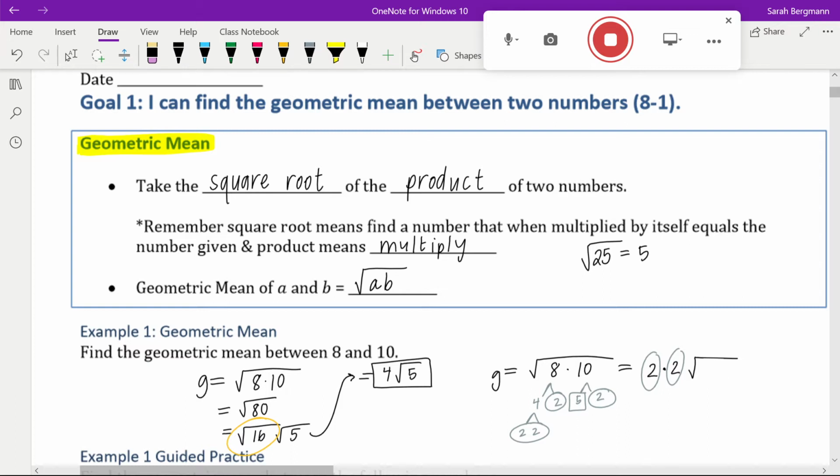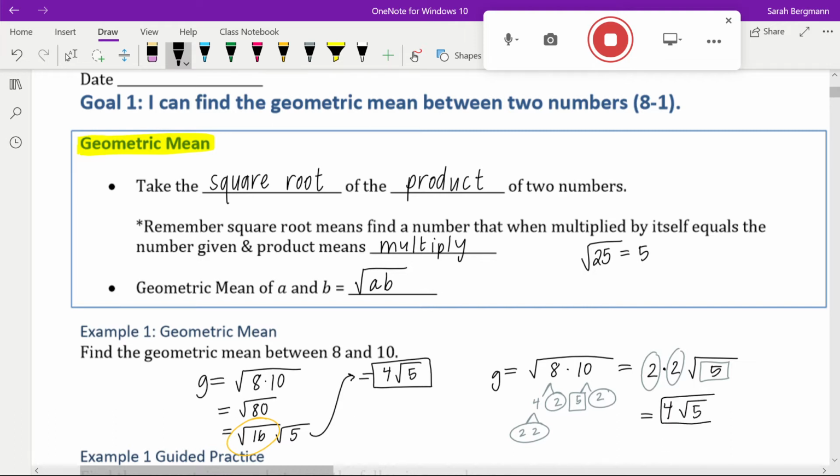Be careful because we don't need to include 4 because 4 was already broken down into 2 times 2. So do not include 4 in your answer under the radical. Only use the final factors. Now we can simplify this. 2 times 2 is 4.